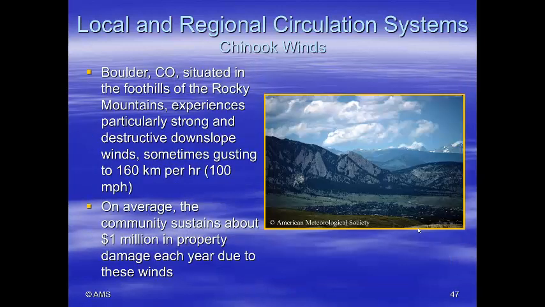So Boulder, Colorado, situated in the foothills of the Rocky Mountains, experiences particularly strong and destructive downslope winds. These sometimes gust up to 100 miles per hour or 160 kilometers per hour. And on average, the community sustains about $1 million of damage each year due to these Chinook winds.